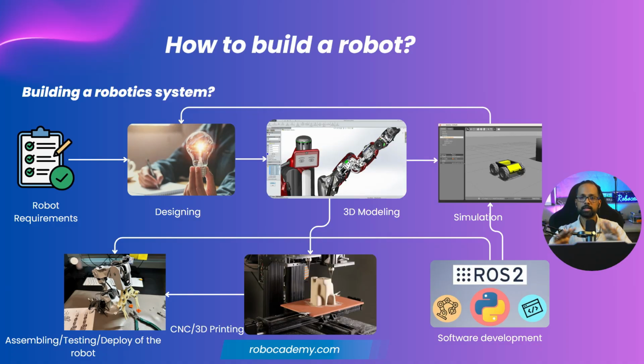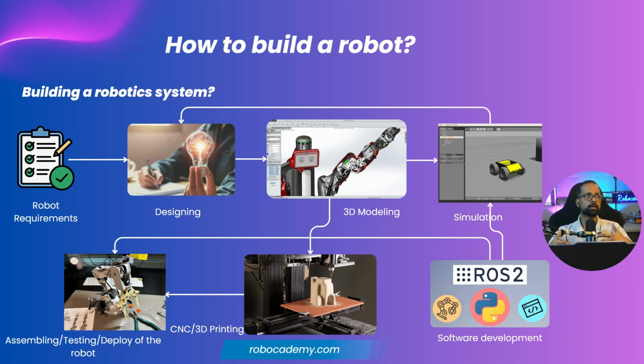After designing, we will get an idea what sensors, actuators, and computer we have to use, the mechanical components, whether we have to do 3D printing, and we can understand the minute details of the robot. That is the phase called designing.